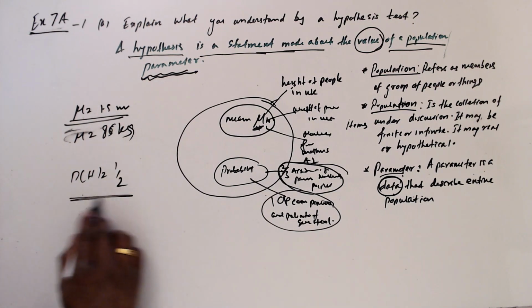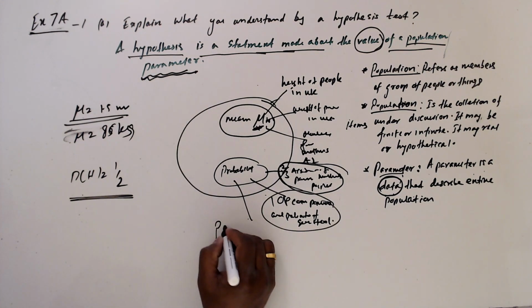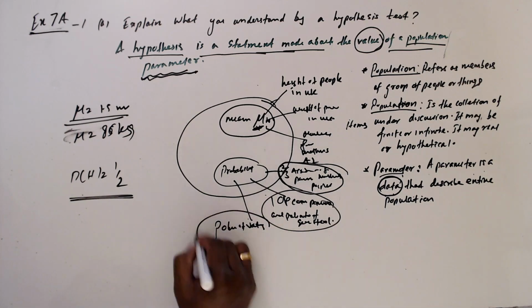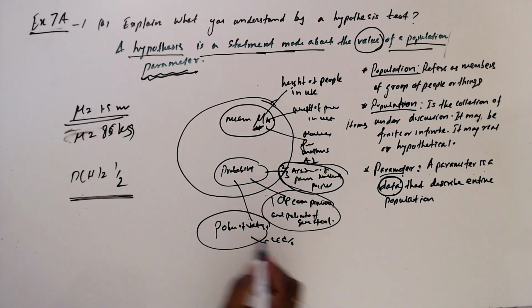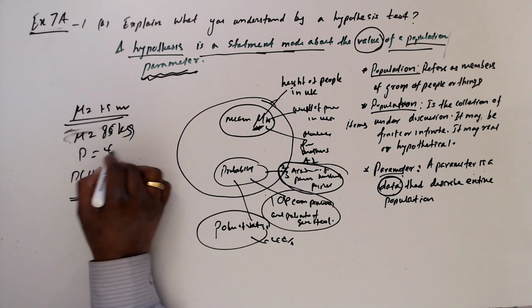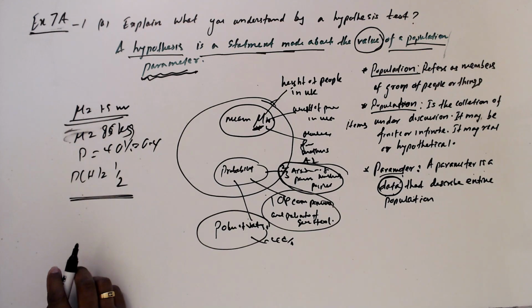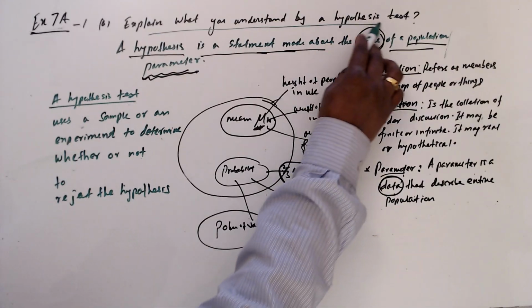In the previous example, the probability of voting, we worked with 40%. So p equals 40%, 0.4. Now, explain what you understand by the hypothesis test.